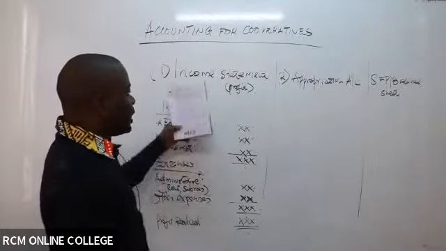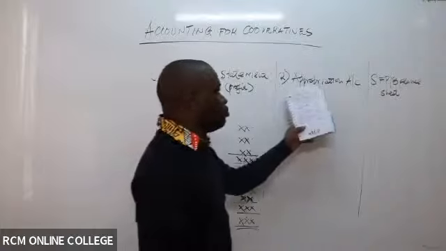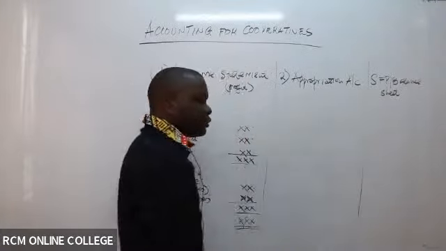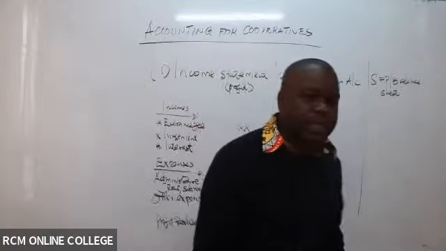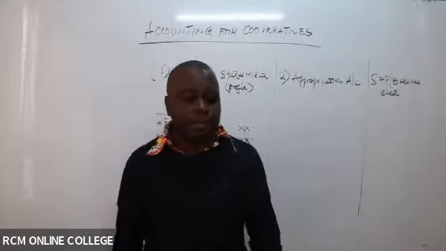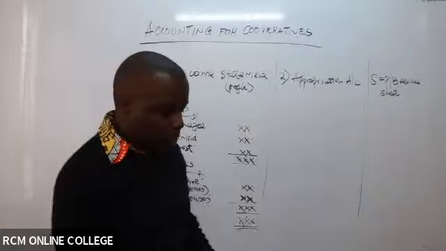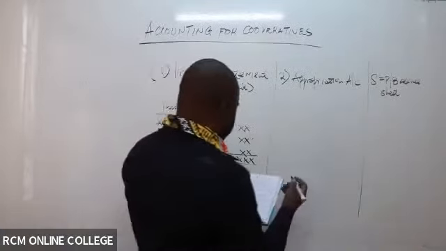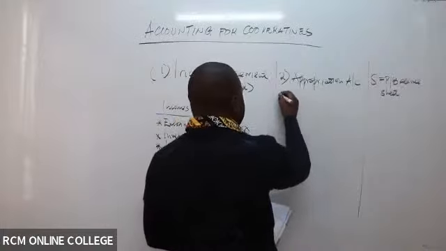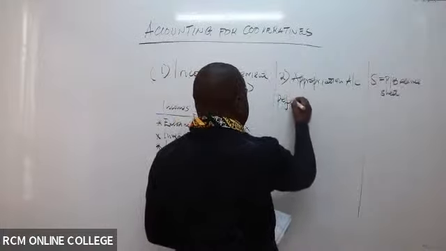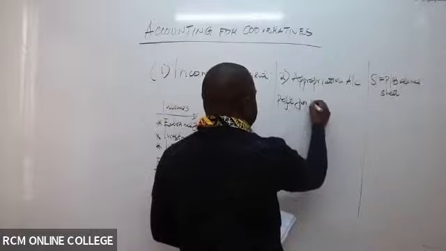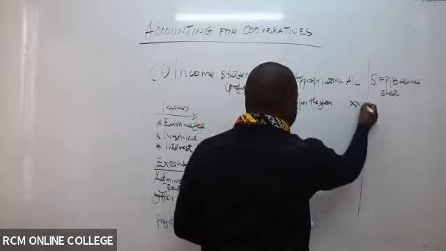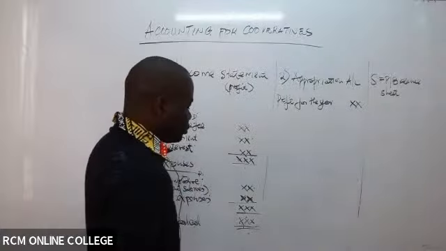So once you have the income statement, you'll move this particular profit to the appropriation account, which will end up having to distribute it in the form of dividends to the members, or interest to the members. So you'll start with the profit for the year, which is what you've realized here.